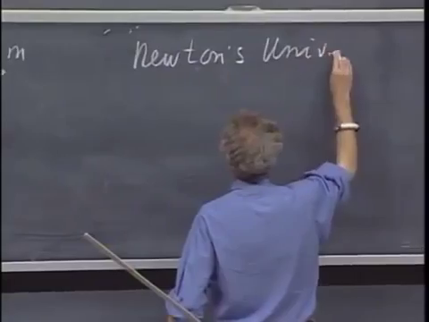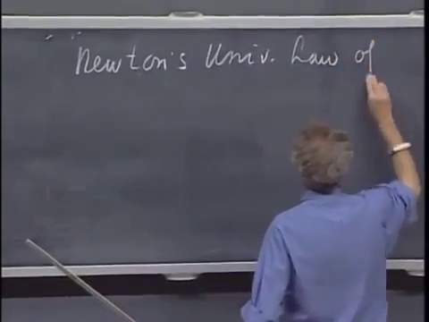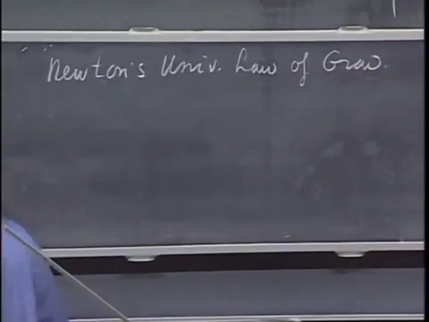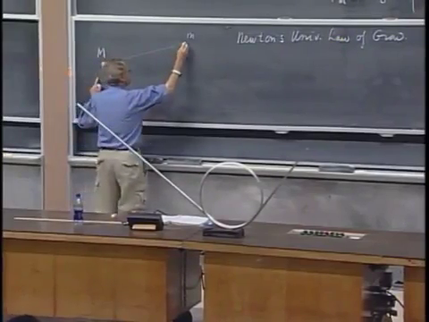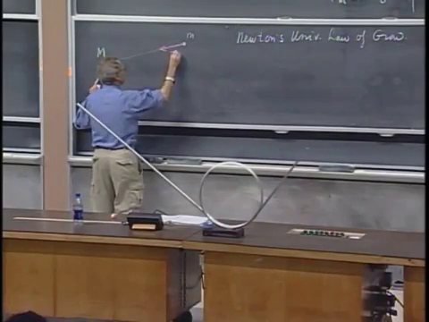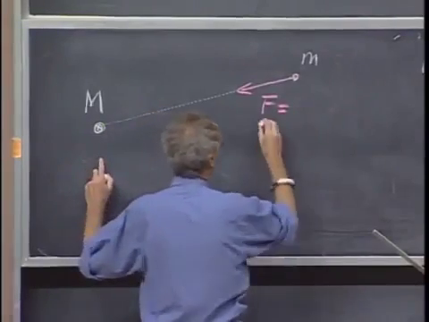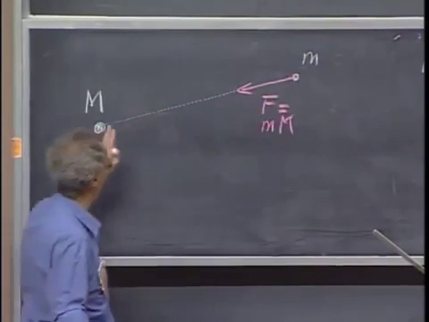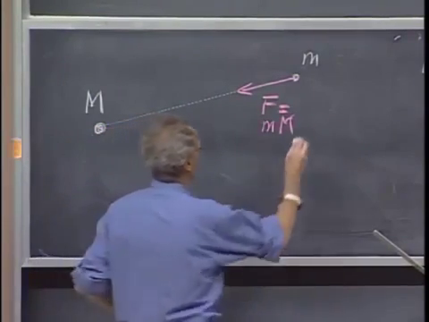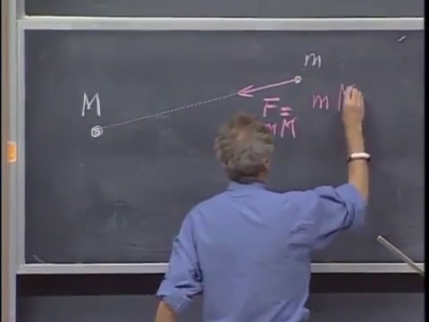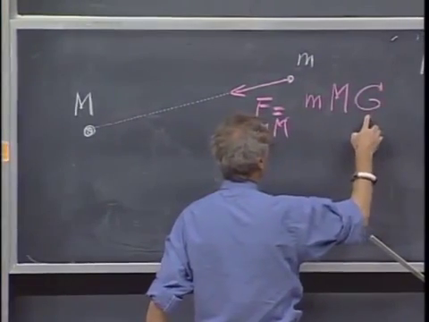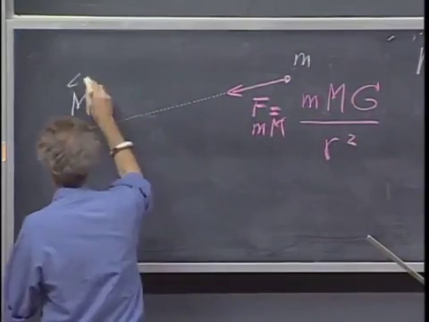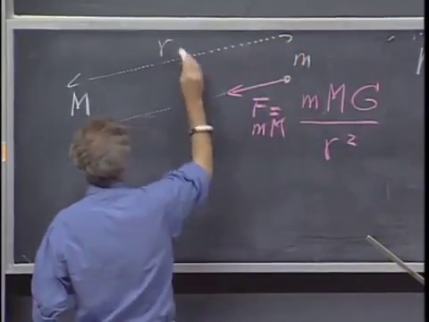He says the force that little m experiences, due to the presence of capital M, equals little m times capital M times a constant, which Newton in his days didn't know yet what that value was, divided by r squared, if r is the distance between the two.